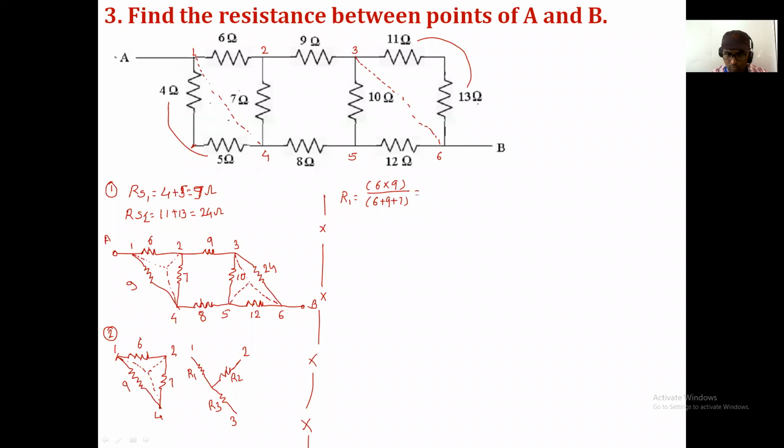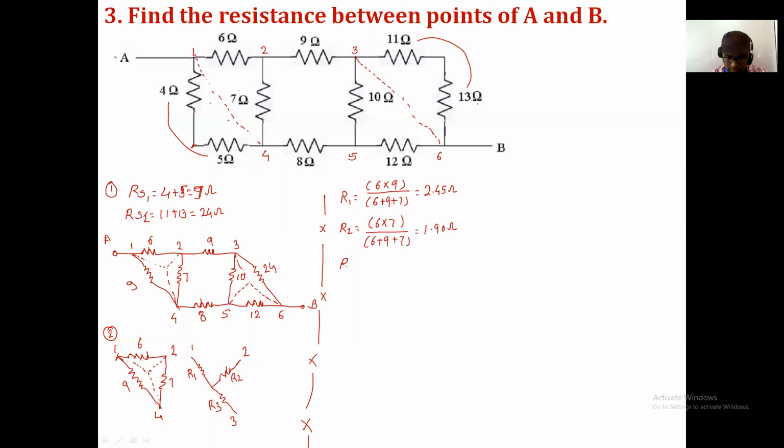Can you give me this value? 2.45. Very good. Then R2 is equal to, R2 is connected to the second point, two branches at the second point. It means 6 and 7 divided by the summation of the three resistors, 6 plus 9 plus 7, is equal to 1.90.